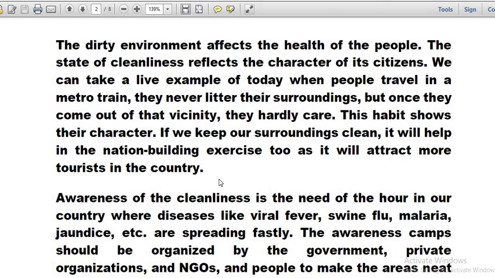Yes, because cleanliness ultimately reveals our inner character. And as we all know the proverb, health is wealth, and obviously health is wealth will entirely depend on a clean environment.